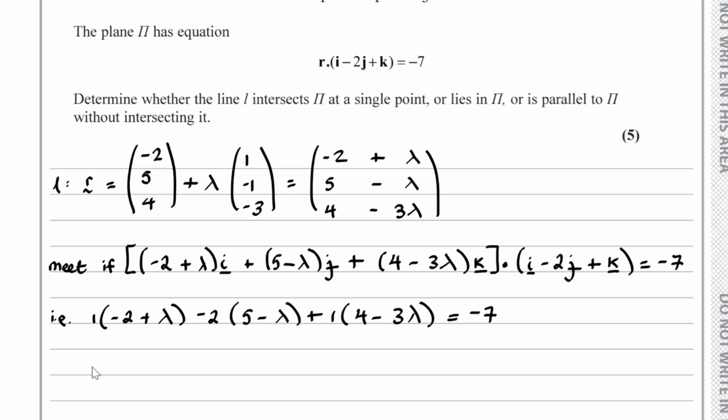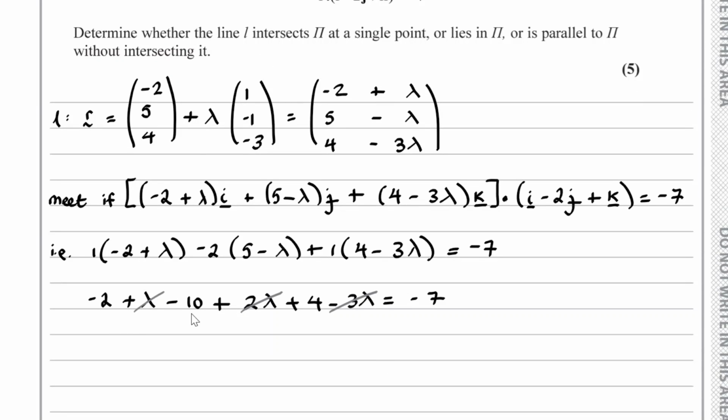So we have minus 2 plus lambda, minus 10 plus 2 lambda, plus 4 minus 3 lambda equals minus 7, and hopefully you can see lambda, 2 lambda and minus 3 lambda cancel. Minus 2 minus 10 plus the 4, that's minus 8. Minus 8 doesn't equal minus 7. We have a contradiction with the left hand side and the right hand side. So there's no point of intersection between the line and the plane.